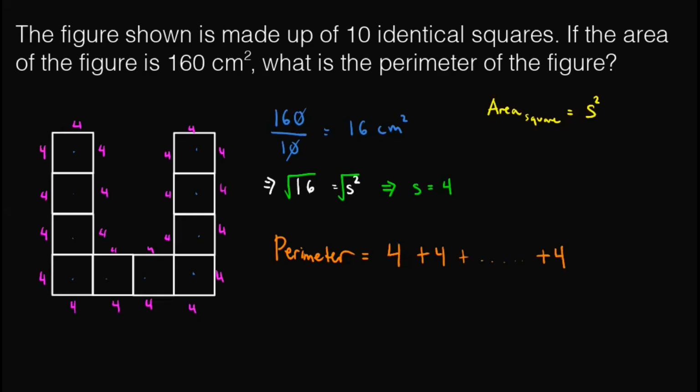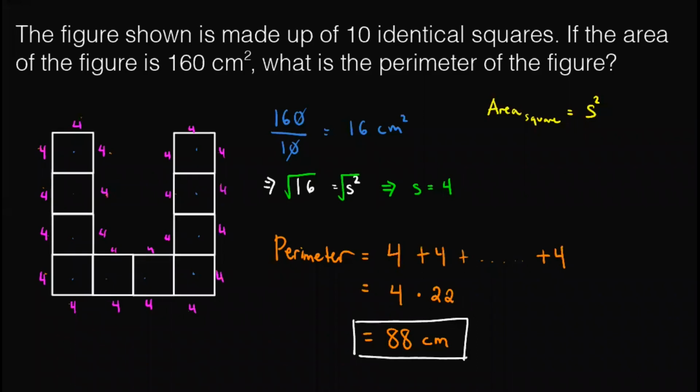To know the number of 4's that we will add, let's count: 1, 2, 3, 4, 5, 6, 7, 8, 9, 10, 11, 12, 13, 14, 15, 16, 17, 18, 19, 20, 21, 22. So we have 22 4's, and so this results in 88. And the unit is centimeters from the given. And that is actually our answer for this problem.